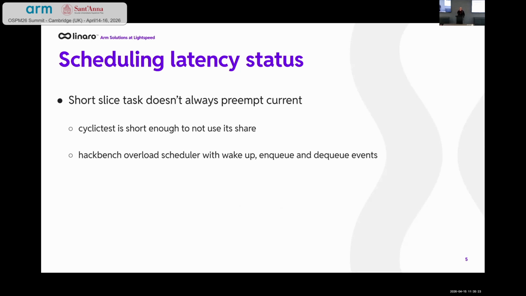So the main result is that this short slice task doesn't always preempt current. For cyclictest, we can't say that it's because it used more than its CPU share, which means that we have some other problem. And hackbench, as I mentioned, stresses the wakeup, the enqueue, the dequeue, and all the corner cases with EEVDF.